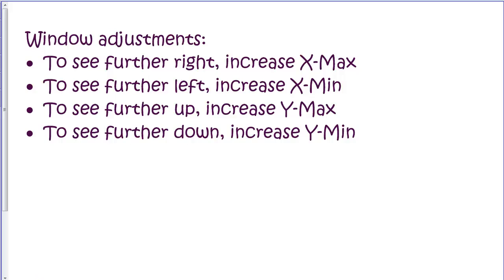Just remember, if we are adjusting our window, when we do the Z standard, we're going to be going up to 10 in each direction and -10 on the left and down.